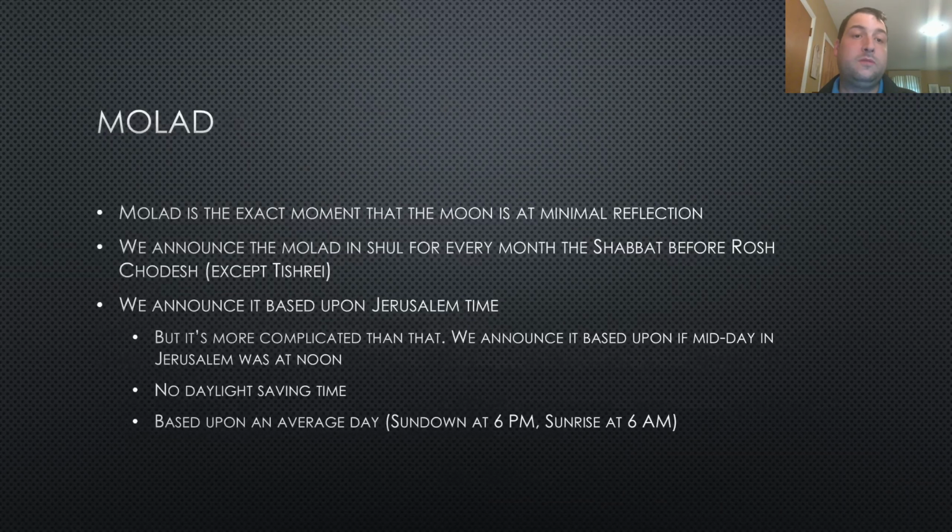Okay, went too far. Okay, we announce the Molad in Shul for every month, the Shabbat before Rosh Chodesh, except Tishrei, and of course, except this past month when we weren't in Shul. We announced it based on Jerusalem time, but not really.